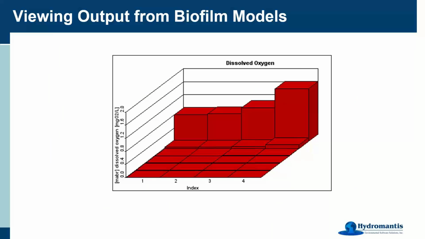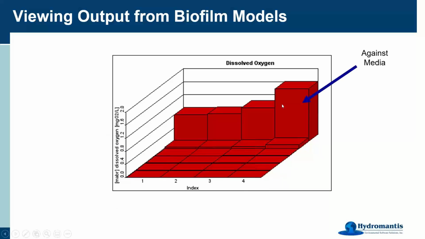The two axes you need to know are these. This is reactors along this axis, going from the upstream end to the downstream end as we go from left to right. So this is passing through the system before it goes on downstream. This is then the biofilm layers along this axis. And in the front is the bulk liquid, and in the back is the media.